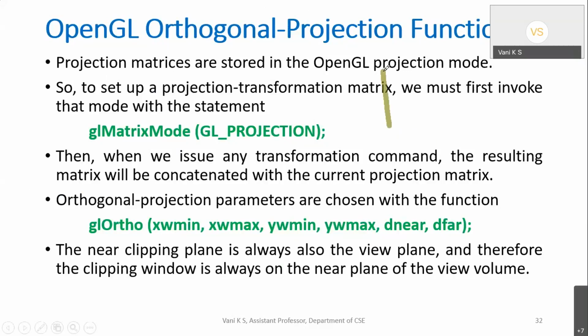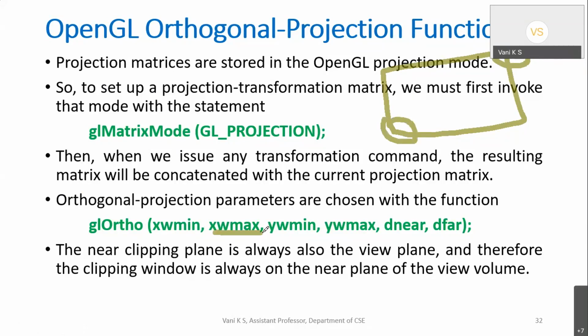For example, if this is the window, the rectangular box, we want some x minimum and y minimum here, and this position we call x max, y max, because we refer to the window with these points only. This is the x minimum and y minimum.